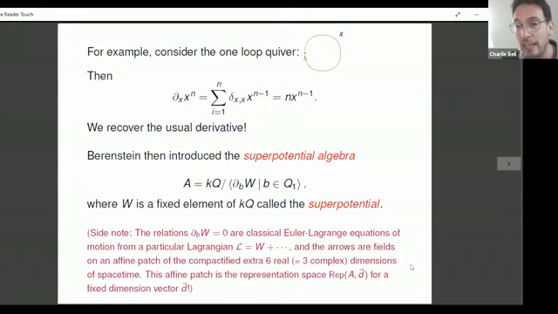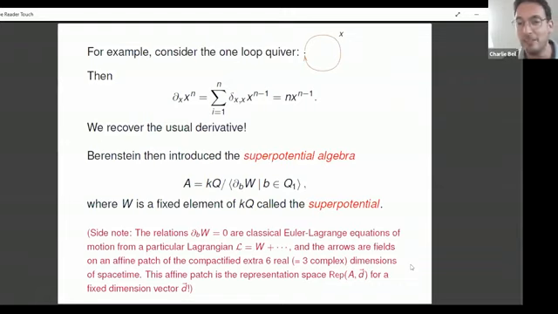And just a side note, I put side notes in purple and in smaller font on the slides. These relations are actually classical Euler-Lagrange equations of motion from a particular Lagrangian, where W is the potential in this Lagrangian, and the arrows are fields on an affine patch of the compact real dimensions or 3 complex dimensions of space-time.